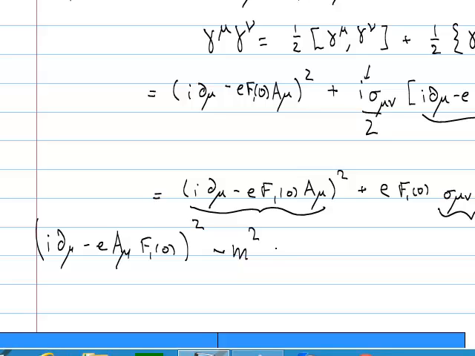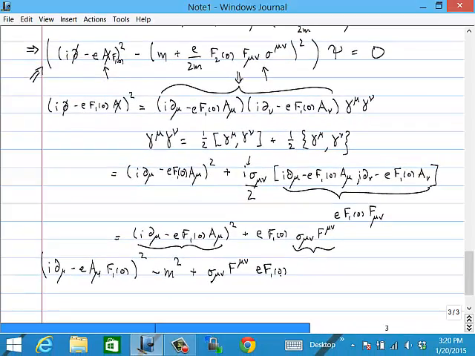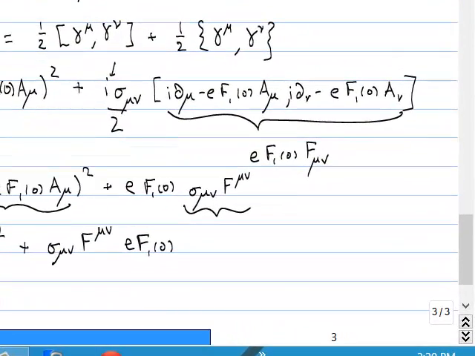plus this correction term. So we have sigma^{mu nu} times F_{mu nu} times e f1(0), and then coming from the first term when you expand out this guy, plus e over 2m f2(0).